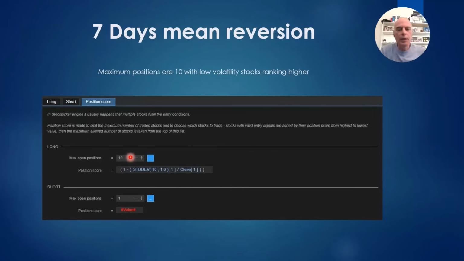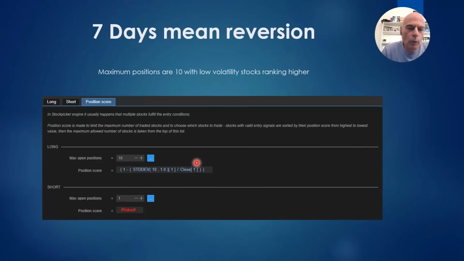And for the ranking function, I decided to select stocks which are satisfying the previous conditions, but the strategy also prefers stocks that are experiencing a low standard deviation, or low volatility. So the lower the volatility here, the higher the value of this expression.